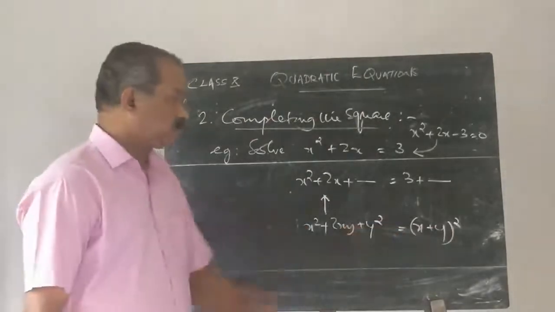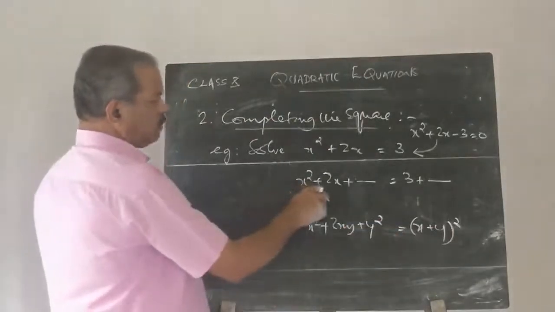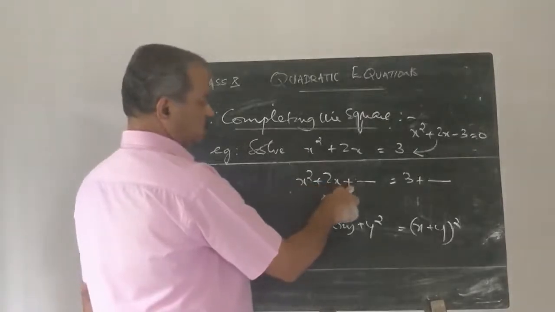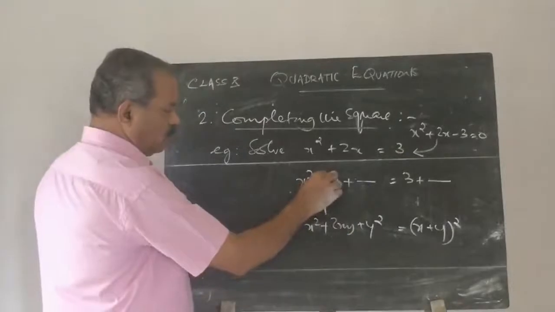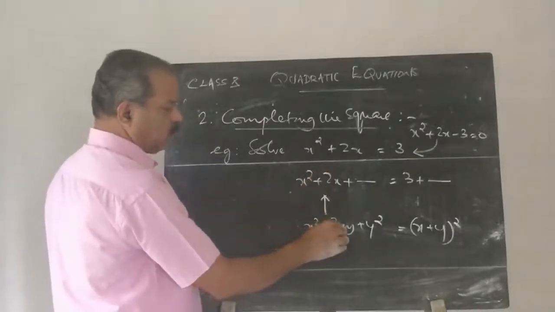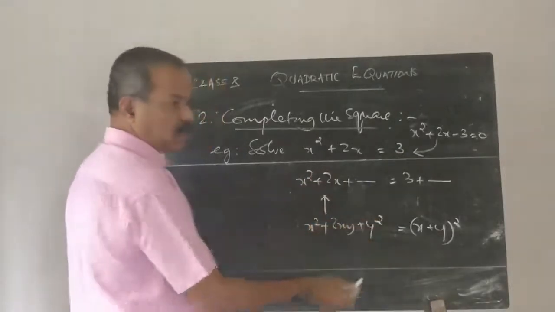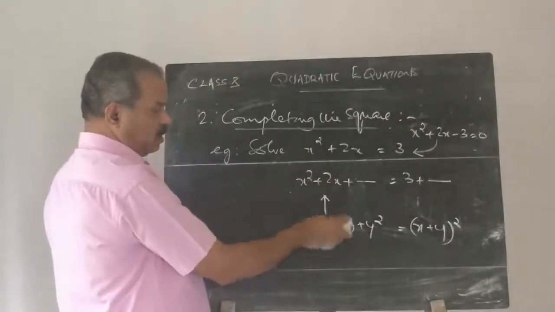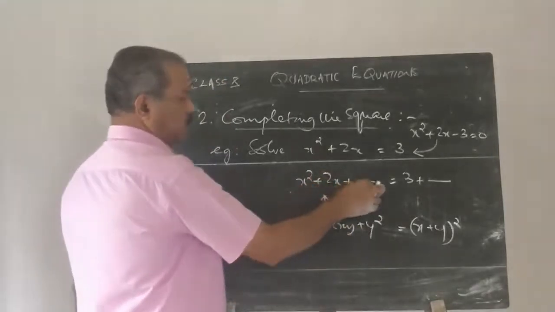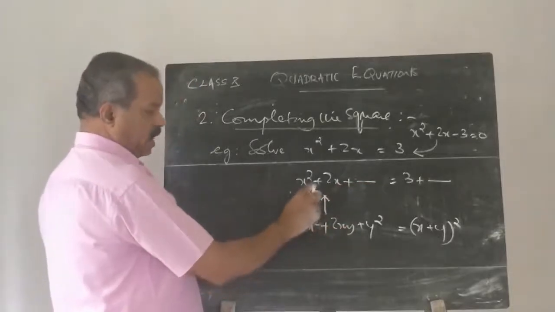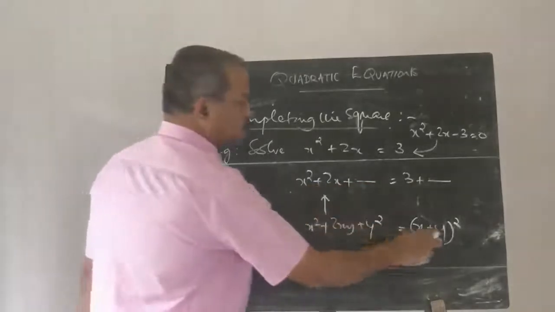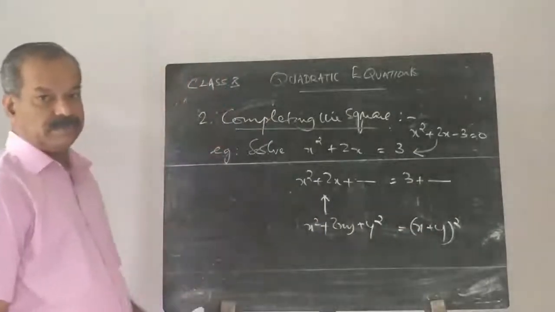We get this: x square plus 2x plus dash equal to 3 plus dash. To convert this into x square plus 2xy plus y square, if we can convert x square plus 2x plus dash into this form, then we can write the factors of this as x plus y the whole square.